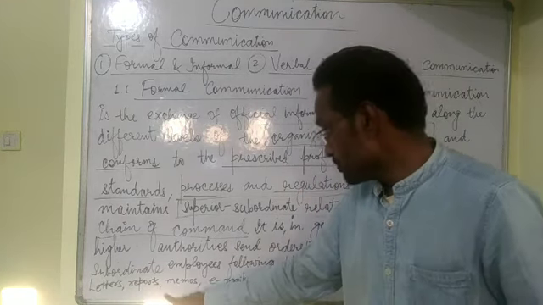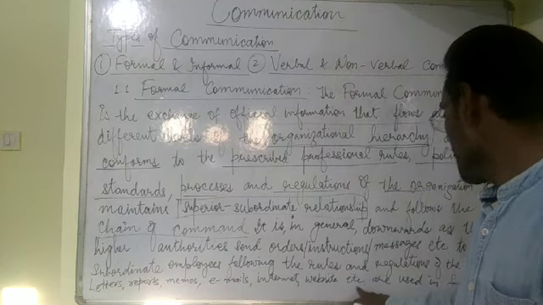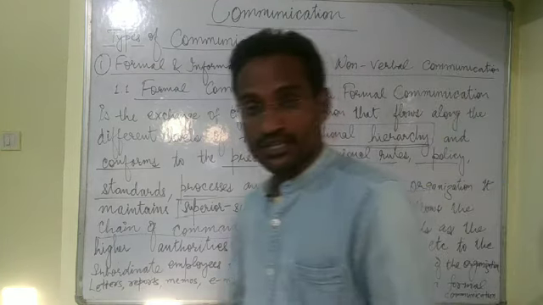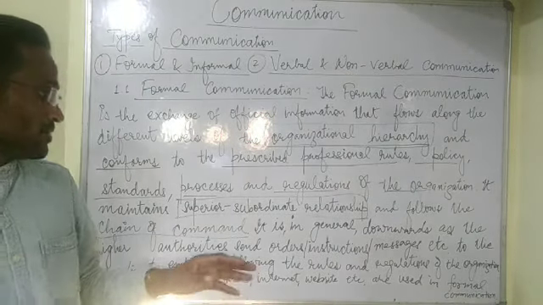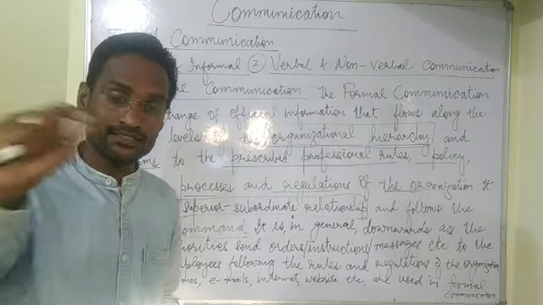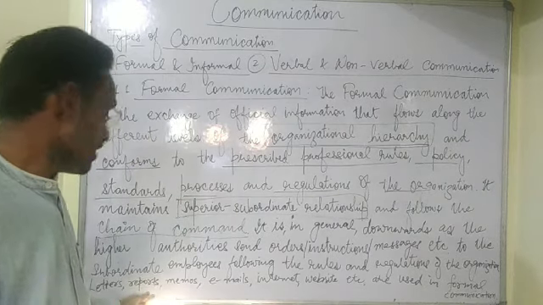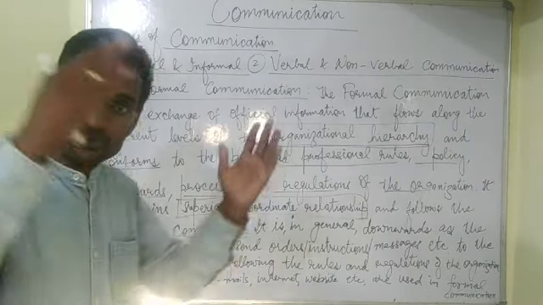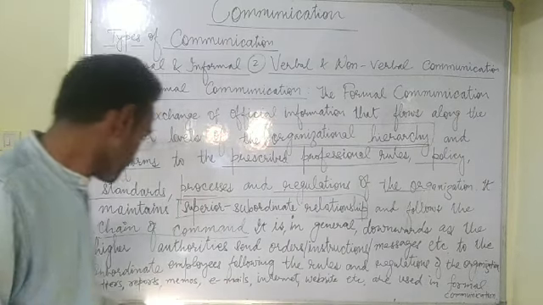Letters, reports, memos, emails, internet, website, etc. are used in formal communication. So what is formal communication? Formal communication involves letters. Your boss writes a letter, your boss sends an email, or reports. A certain report is made and it is percolated downwards.